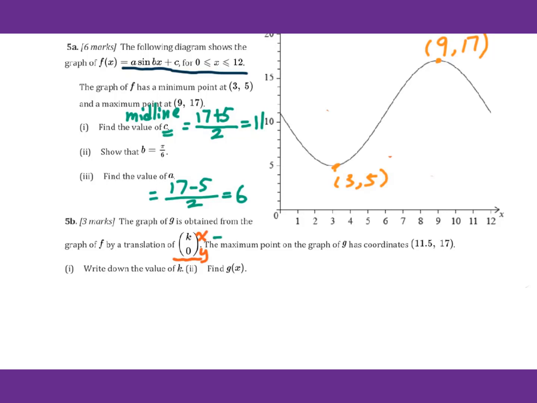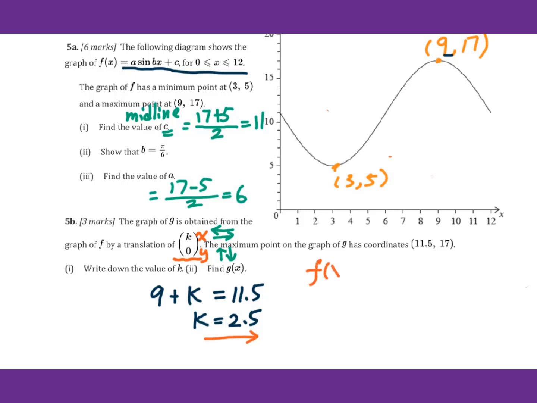So for x, either you go to the right or left. For y, you go up and down. Y doesn't change, only x changes. So this 9 plus k equals 11.5, which means k equals 2.5. Which means the function moved to the right 2.5 units.